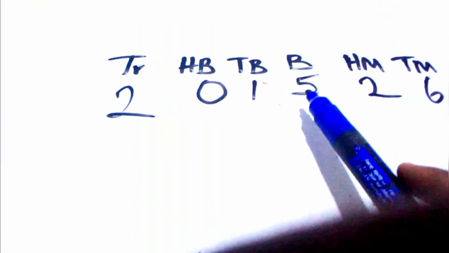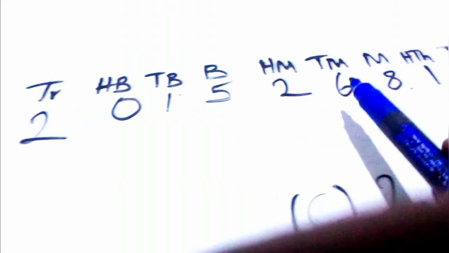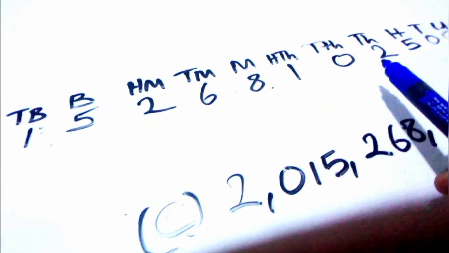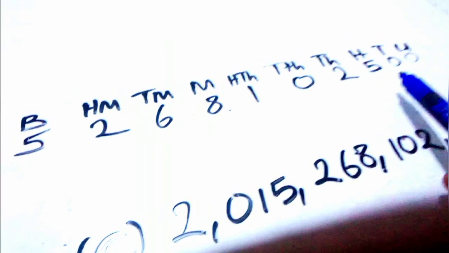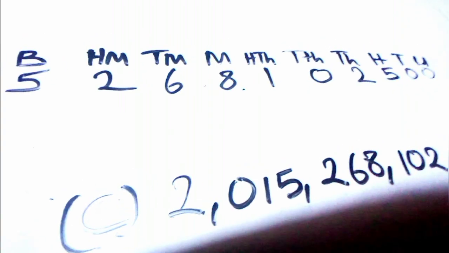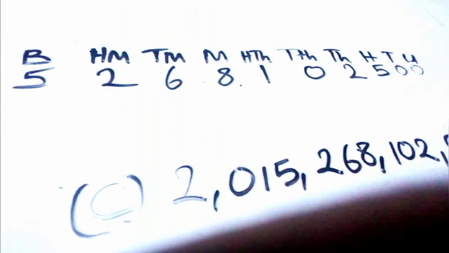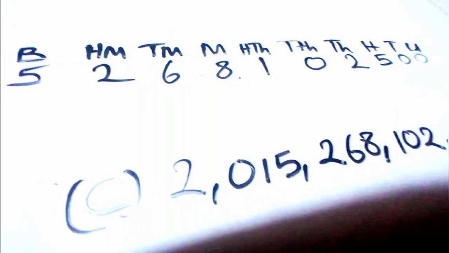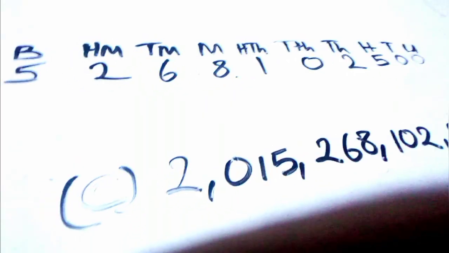Let's read it again. 2 trillion 15 billion 268 million 102,500. You can see it's very easy to read. When you place them in the place value chart, it will be easy to read. And when you use the commas, the number of commas, you can easily know how to read them and know the highest place value of that number.